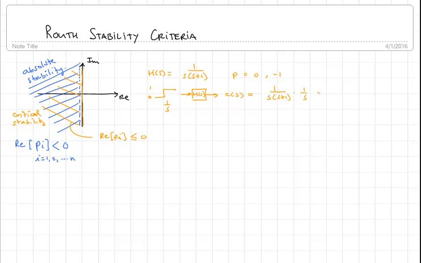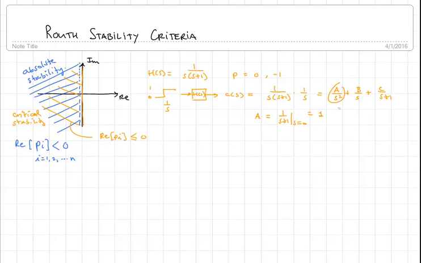When we do partial fraction expansion, this is going to expand into some constant a over s squared plus b over s plus c over s plus 1. We can find a here. A is going to be equal to 1 over s plus 1 with s equal to 0, so it's 1.